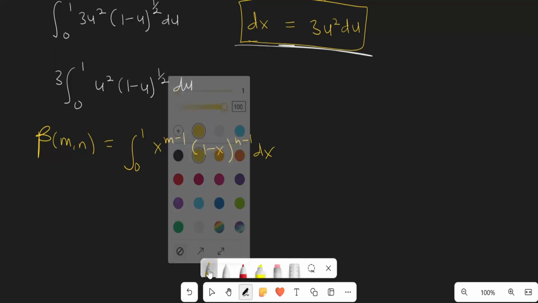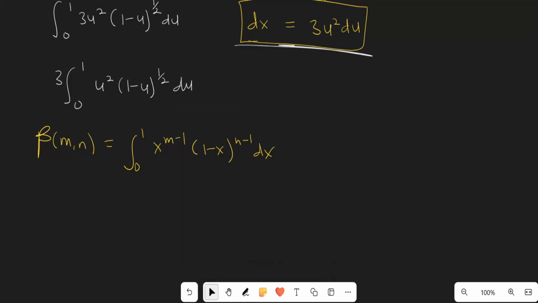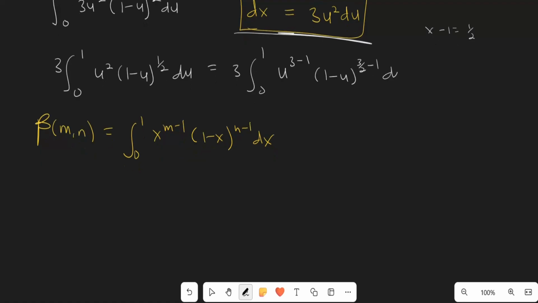And our integral really looks like the beta function, because it can be written as 3 times the integral from 0 to 1 of u to the 3 minus 1, times 1 minus u to the, what minus 1 will give you 1/2? That is 3 over 2 minus 1, du.